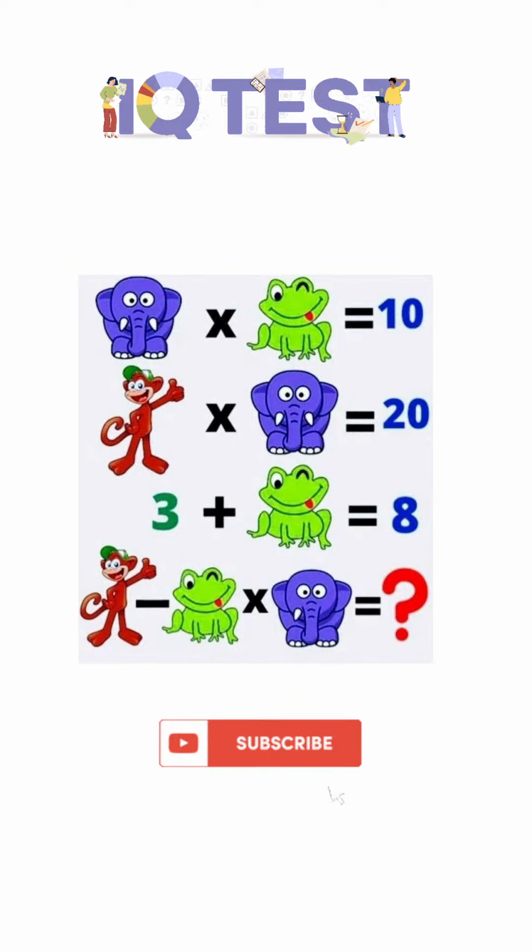If the blue elephant is 2, what is that of the monkey? The monkey multiplied by the elephant is 20. So if the elephant is 2, the monkey is what?